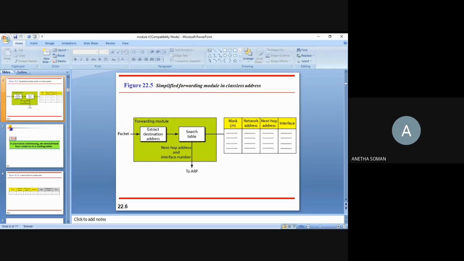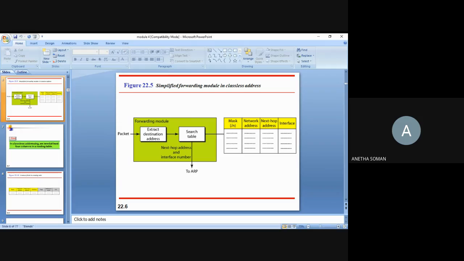The main contents of a routing table are the mask, the network address, the next hop address, and the interface. Now mainly you have two types of routing table. One is static, the other one is dynamic.